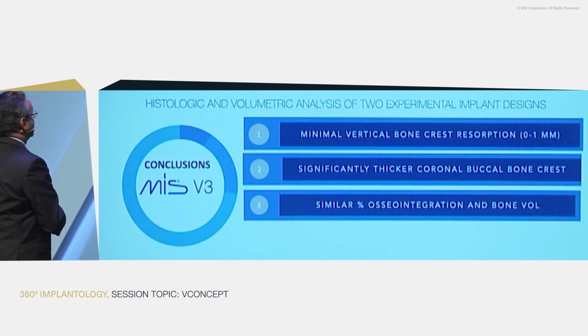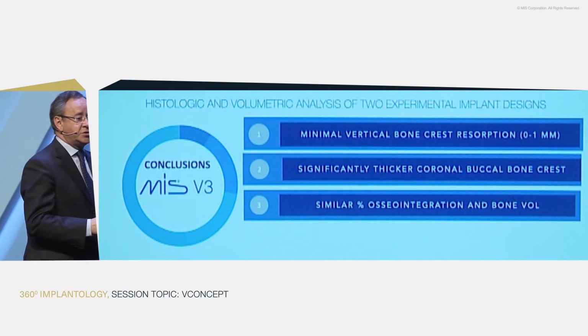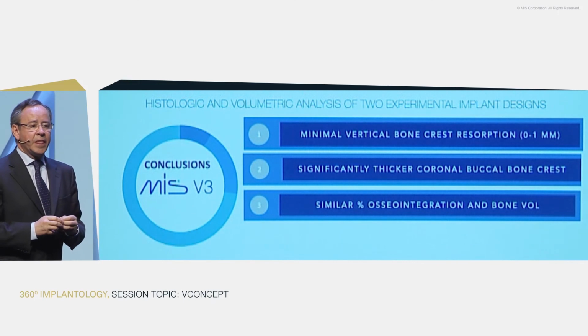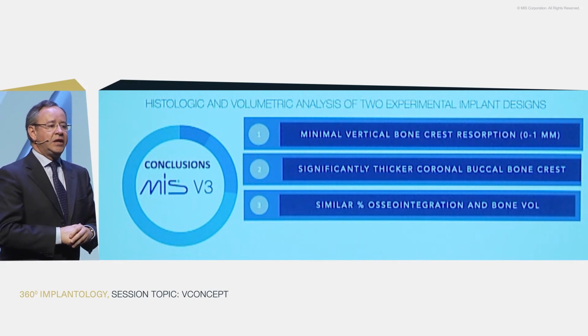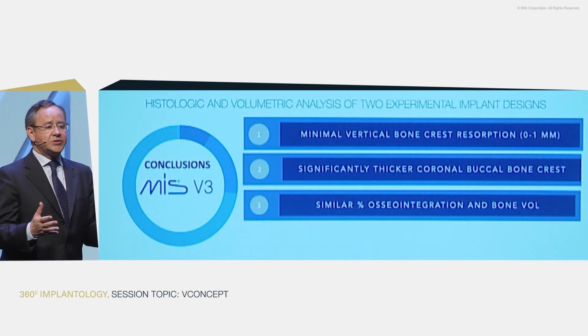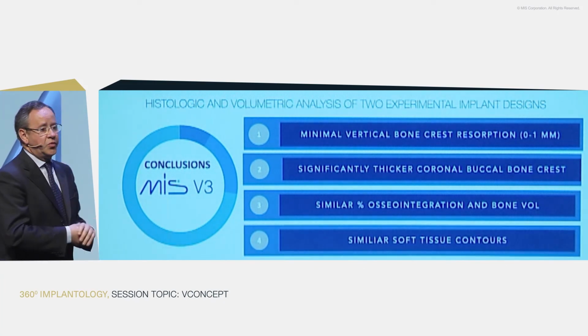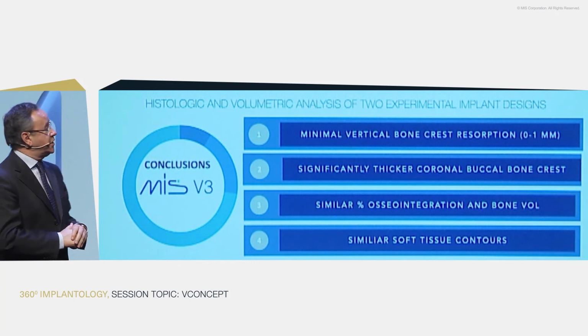We are using the same implant, the same surface, and the same drilling system, so we shouldn't expect differences in osseointegration, and of course, we had a similar degree of osseointegration.